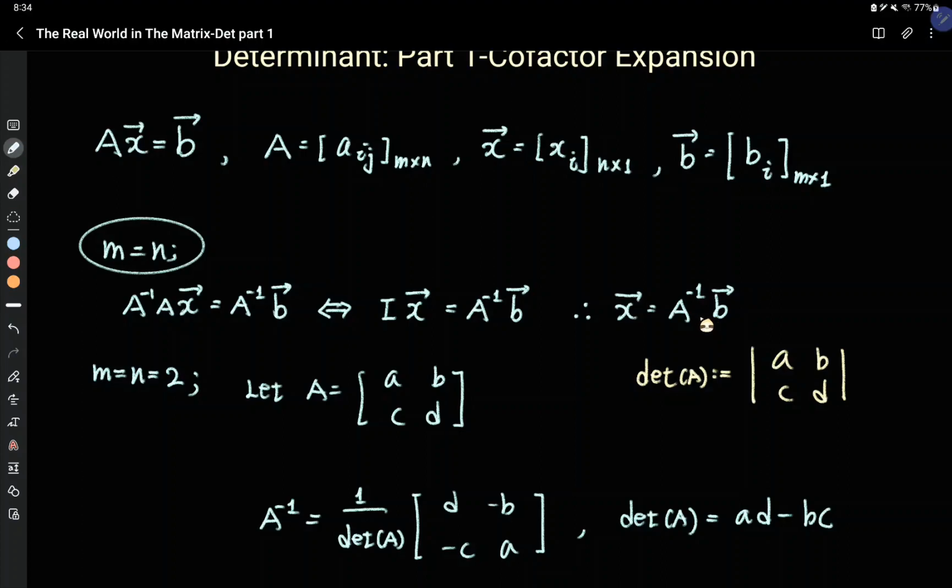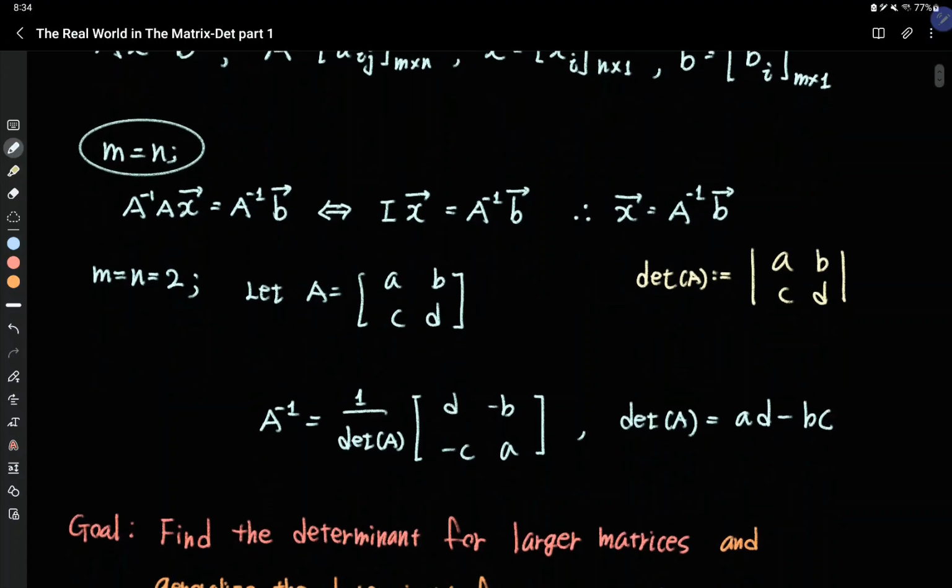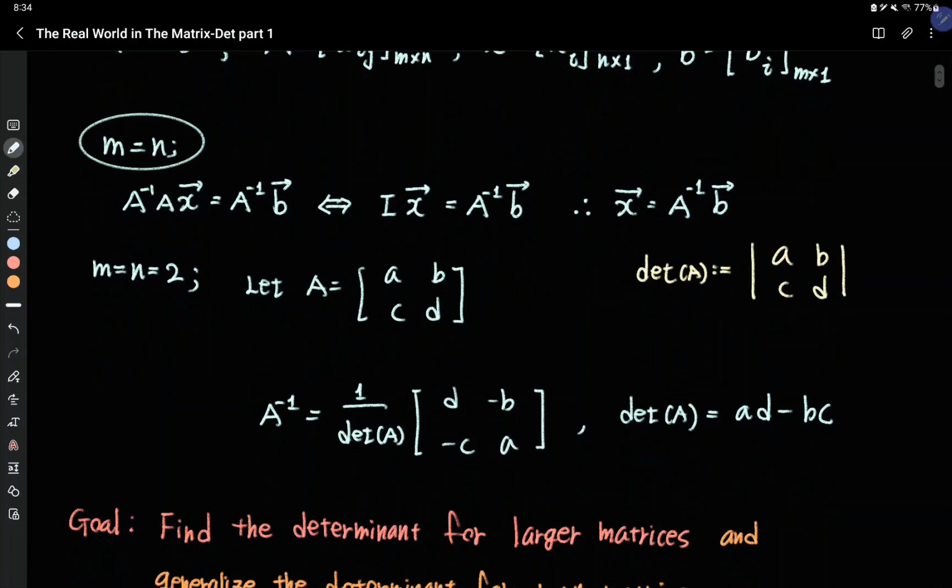Now just take a look at the example when m and n equal 2. Let's say the entries of matrix A are a, b, c, and d. Then A inverse is going to be 1 over determinant A times that matrix, where we rearrange the entries of A: interchange a and d, and put a negative sign on the other entries b and c.